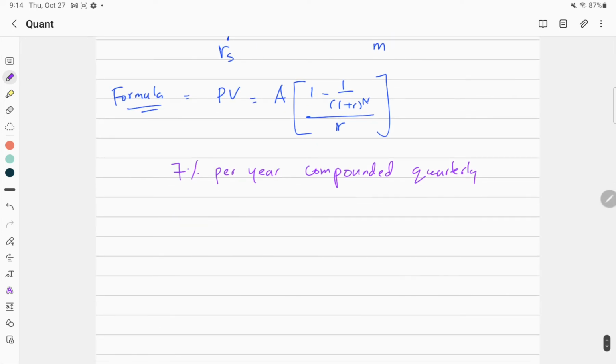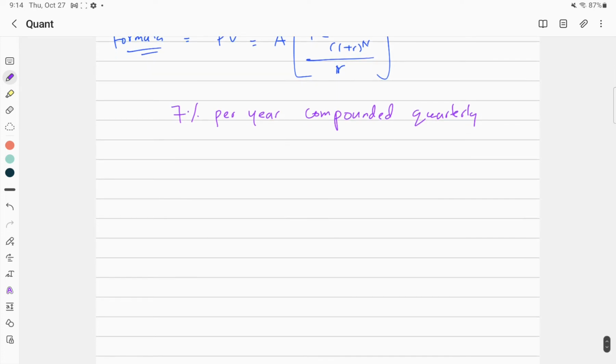So this is where the formula for effective annual rate comes into the picture. In previous videos, we've seen that the effective annual rate is calculated as 1 plus the periodic interest rate to the power of m minus 1.